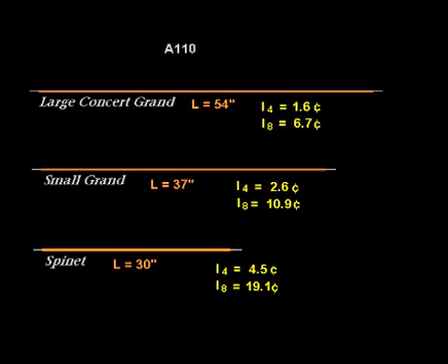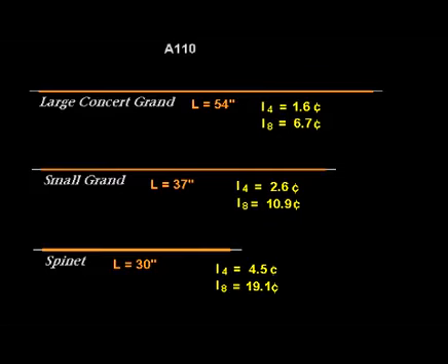I recently measured the strings of 3 different pianos. A beautiful 9-foot concert grand had a 54-inch A110 string, and if my calculations are correct, the inharmonicity of that 4th partial is about 1.6 cents, and the 8th partial 6.7 cents.